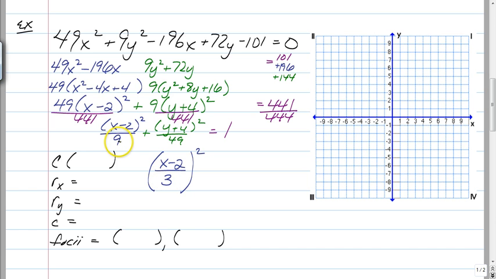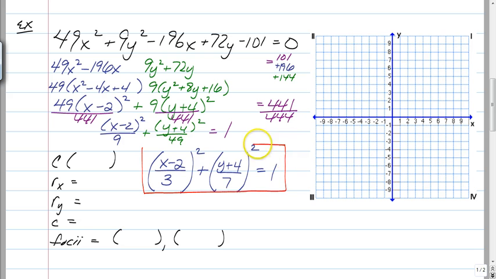So you take the square root of your denominator and put it in the denominator inside the parentheses. Okay, now we do plus another big set of parentheses. Our y is still y plus 4, but our denominator of 49 is going to jump inside as a 7 because 7 squared is 49. And we are equal to 1. This right here is your final equation for the ellipse.